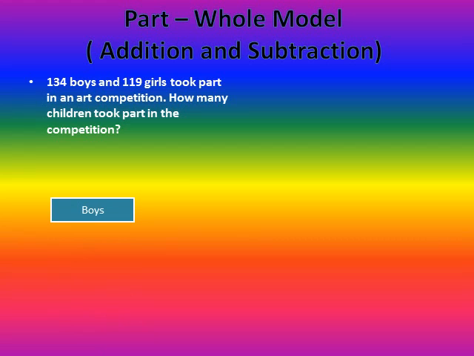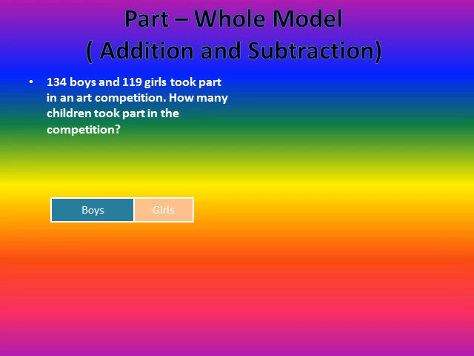Let this blue block represent the number of boys. Since 134 is a fairly large number, we don't need to make small units to represent 134 boys. You can just draw one whole block for the boys, and the same for the girls.